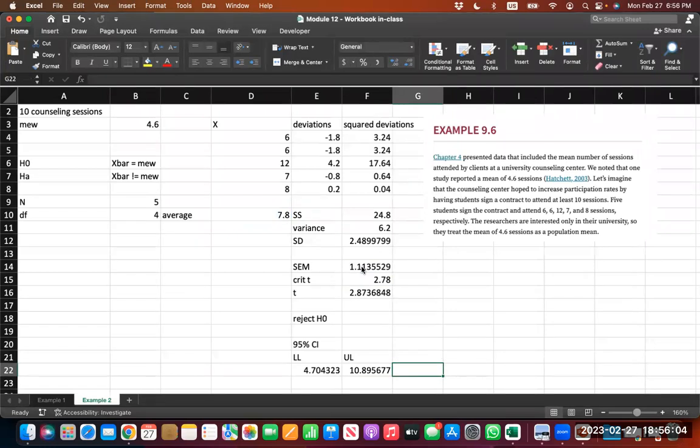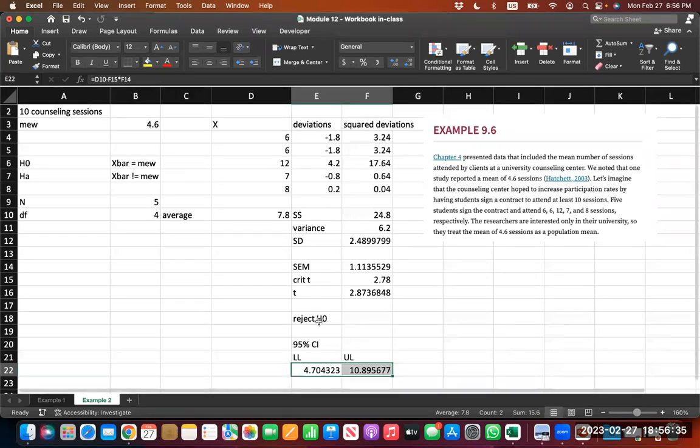So we have 4.70 to 10.9 as our 95% confidence interval, which denotes the region in which we're 95% certain the true mean lies. This interval does not include our mu of 4.6, and thereby we are rejecting the null hypothesis. Yeah, makes sense, right?